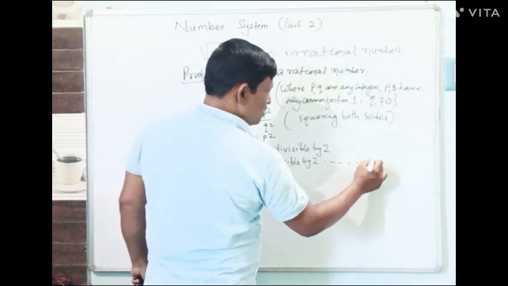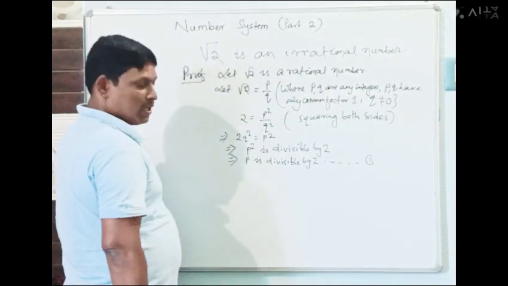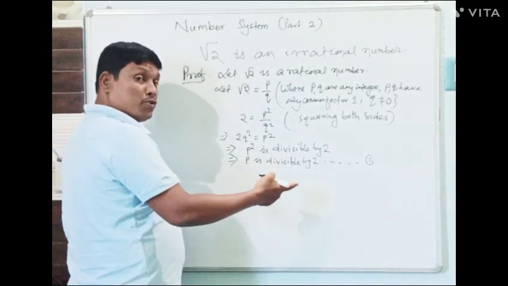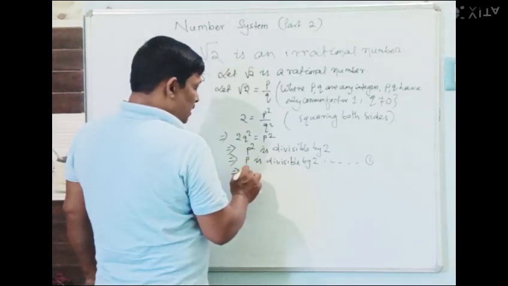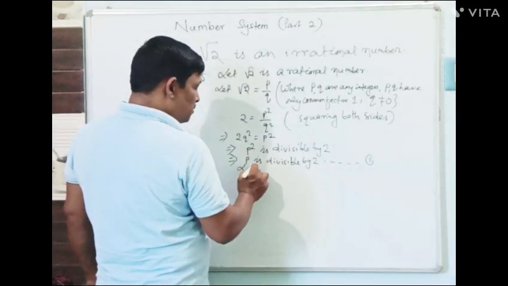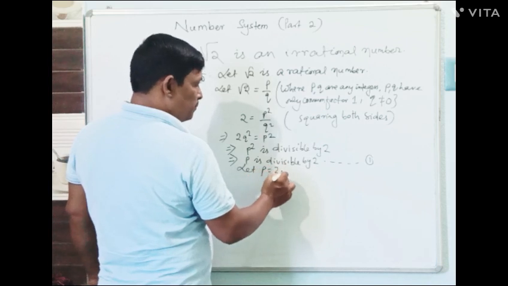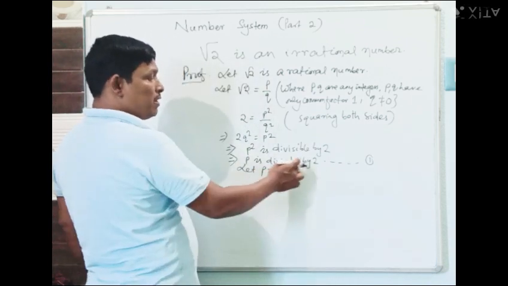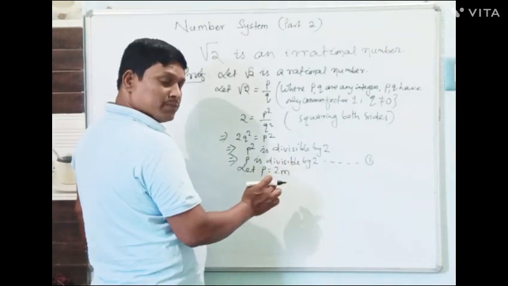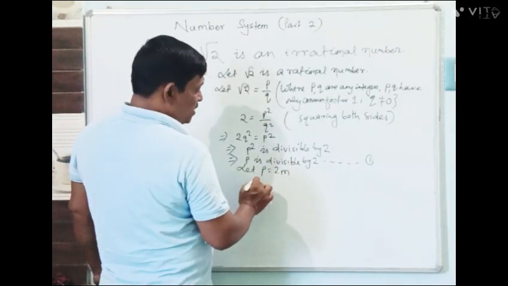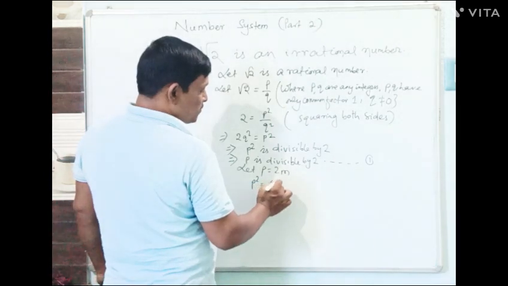Let this be 1. If p is divisible by 2, let p be equal to 2m, because p is a multiple of 2. So p square is equal to 4m square.